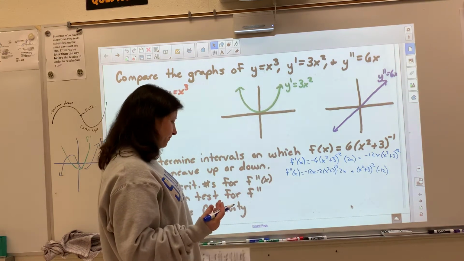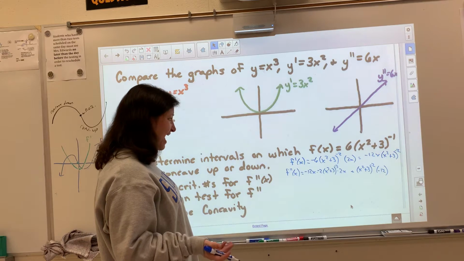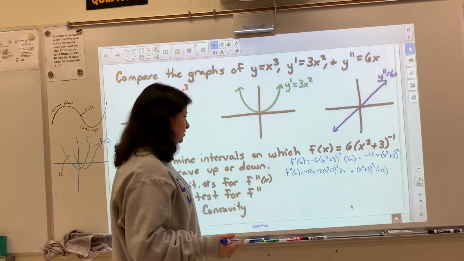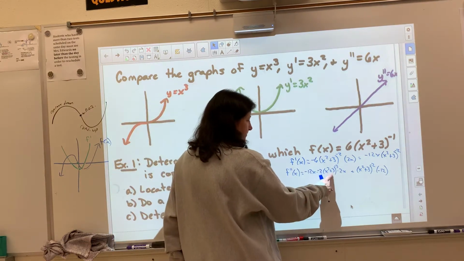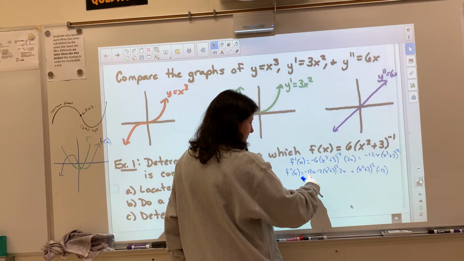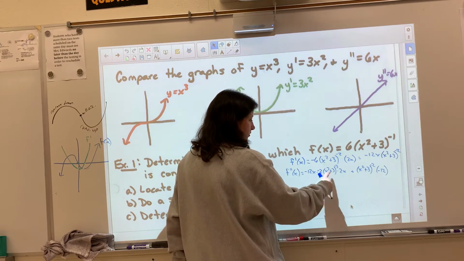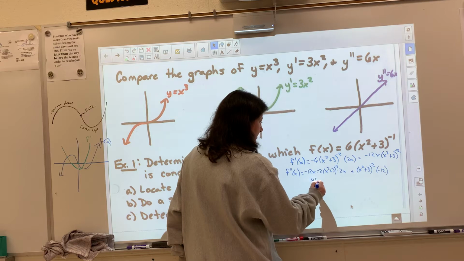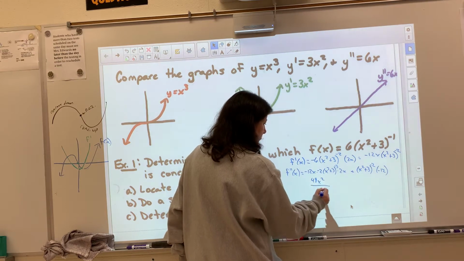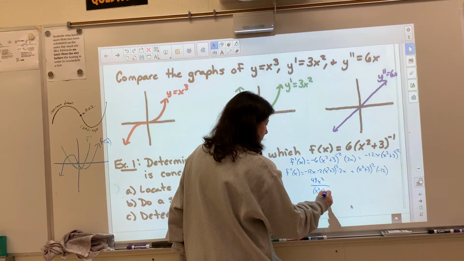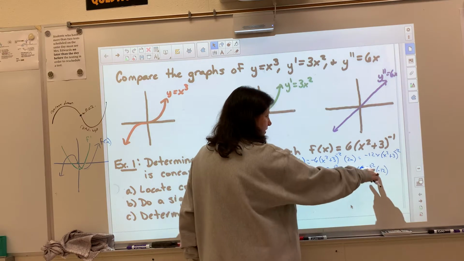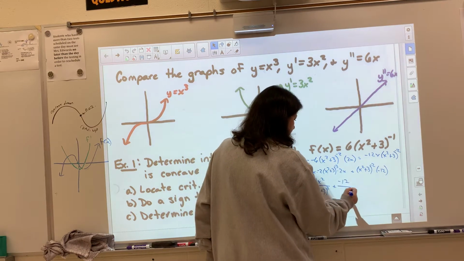I didn't pull out a GCF. Actually, I moved these to the bottom and simplified. So -12 times -2 is 24, times 2 is 48, x squared over (x squared plus 3) cubed. Over here, the -12 stays on top, over (x squared plus 3) squared.